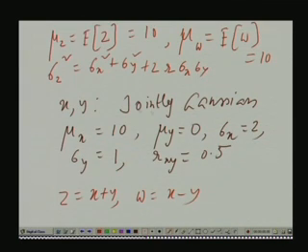Sigma x square is 4, sigma y square is 1, and twice r is rxy, so 2 into 0.5 into sigma x 2, sigma y 1. So 4 and 5 and then 2, so it is 7.